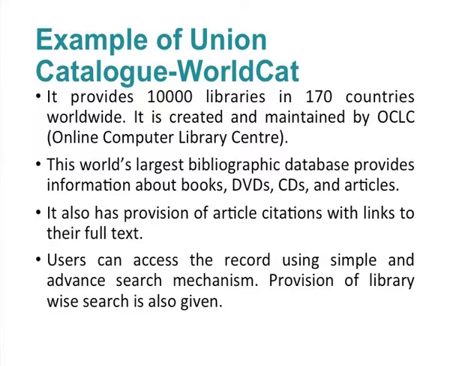Not just that, lots of other types of content are also incorporated into it. It also has a provision of article citations with a link to their full text. So, the user can not just search this WorldCat for books, CDs and DVDs, but also use it for citations, like when sometimes they have to cite a certain document in their research work.